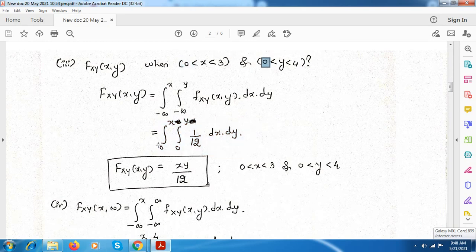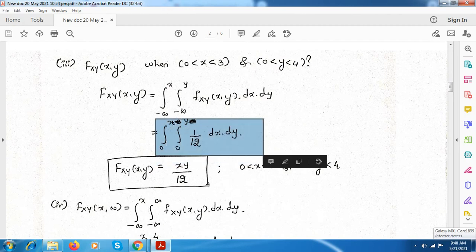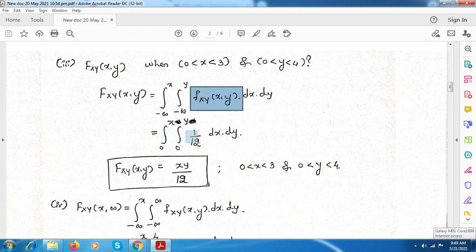So the lower limit becomes 0 for x and y both, and here these remain as they are. These can take any value till plus infinity. These can vary from 0 to any value till plus infinity. So you have to keep this x and y as it is. So integration, here it is from 0 to x and here it is from 0 to y, and this value is c, which is nothing but 1 by 12.